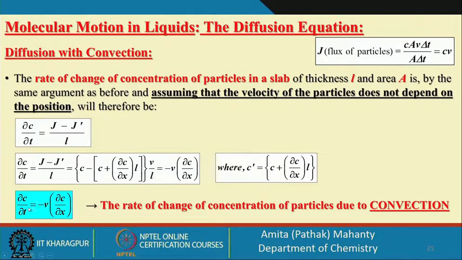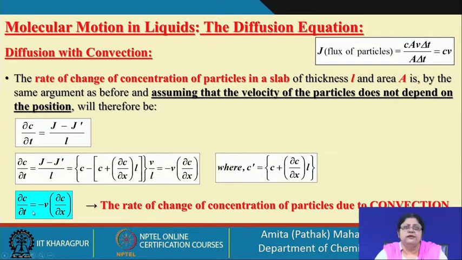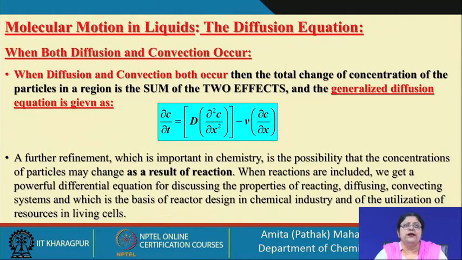The change in concentration is equal to minus the velocity of the particles in that medium into the gradient in concentration along the spatial direction x, y, z, and this rate of change of concentration is due to the convectional flow. Suppose we have both diffusion and convection occurring together in a system.